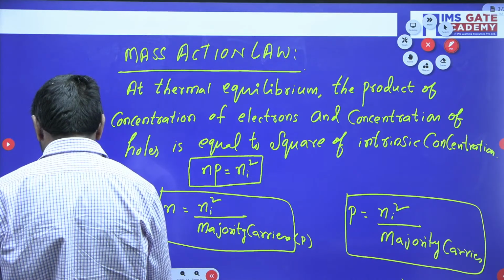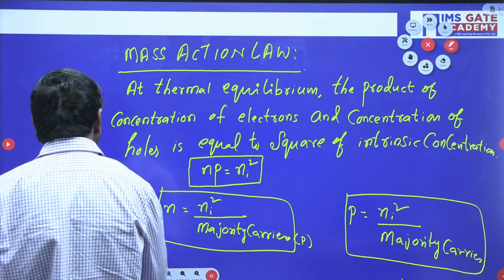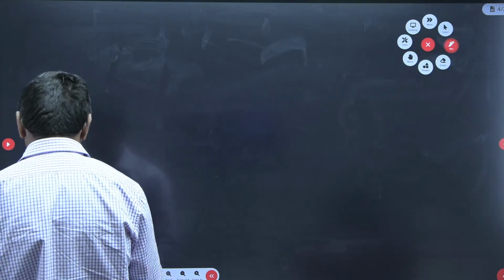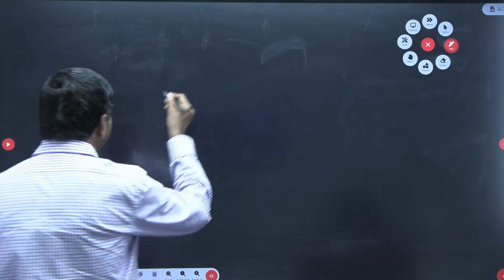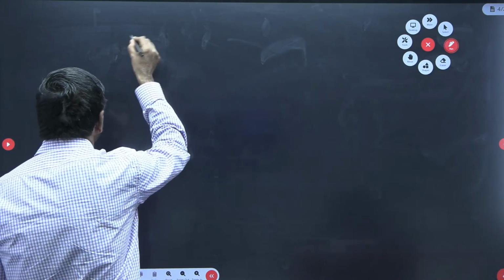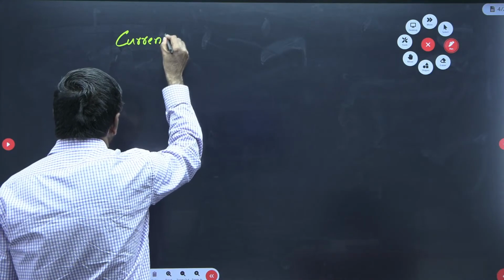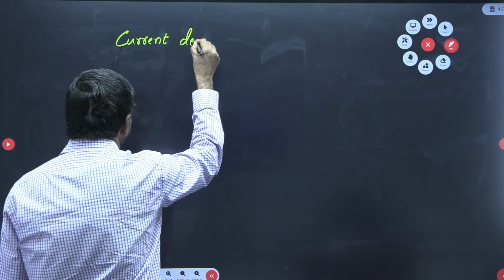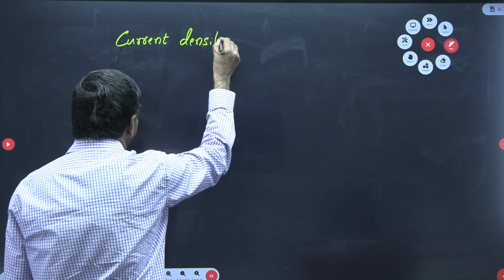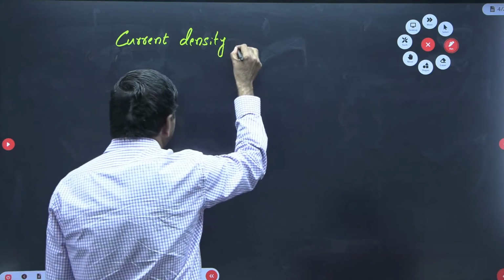Now we can go for the next one. I want to find the current density in an intrinsic semiconductor.